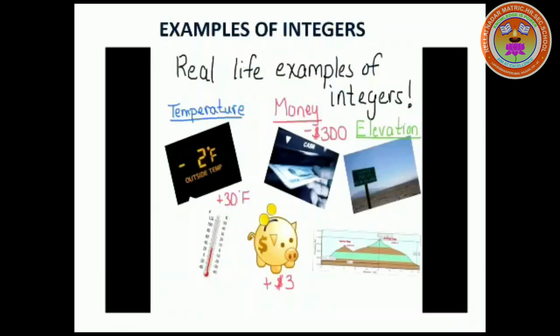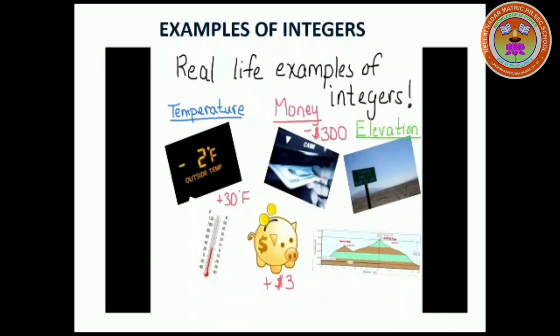Let's move on to some real life examples of integers. How integers are used in our daily life. Now, for the first example, temperature. We use integers to measure the temperature, such as -2 degree Fahrenheit or plus 30 degree Fahrenheit.